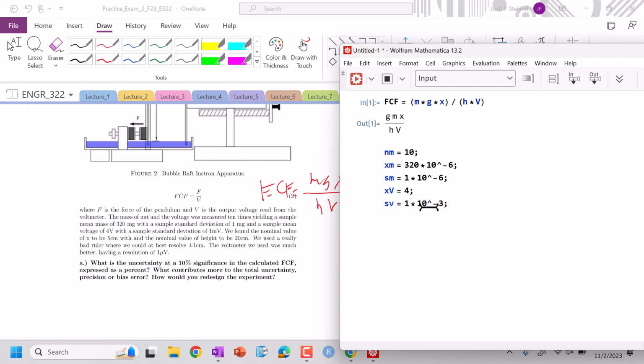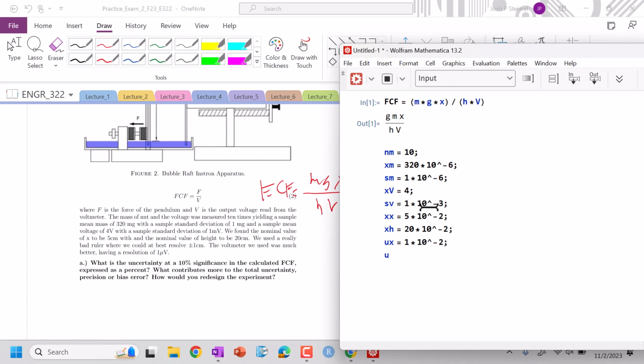What else do we got here? Sample standard deviation, sample mean, nominal value of X to be 5. So XX is equal to 5 times 10 to the minus 2. Nominal value of the height, XH, is going to be equal to 20 times 10 to the minus 2. We used a really bad ruler and where we could best resolve, so we have an uncertainty in the X, which is 1 times 10 to the minus 2.